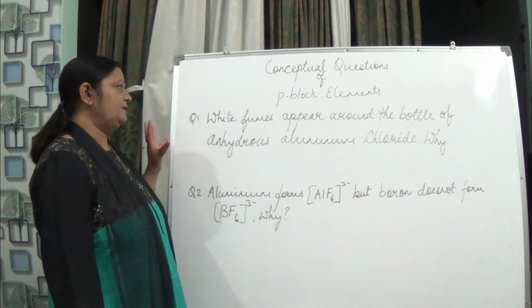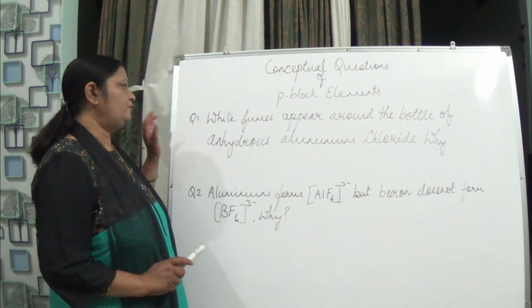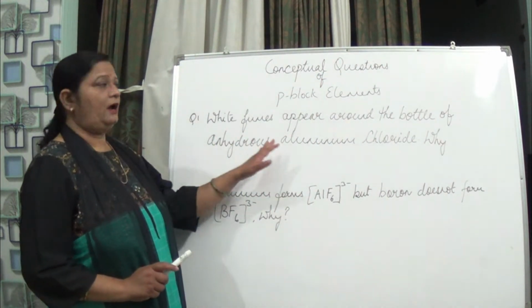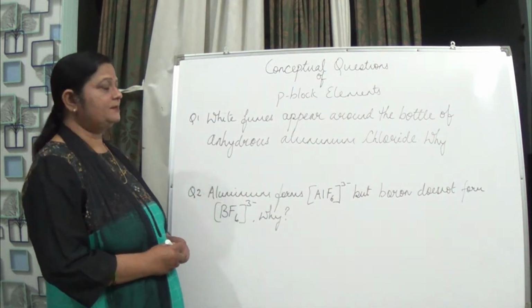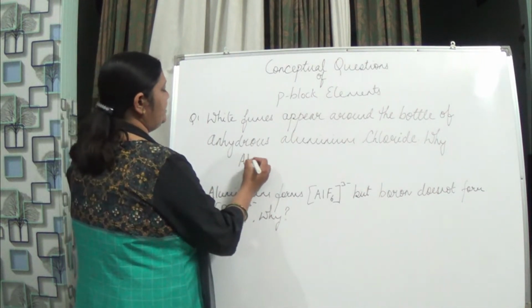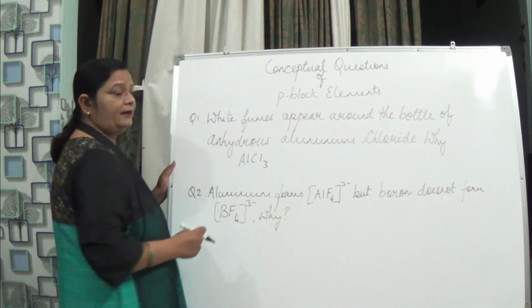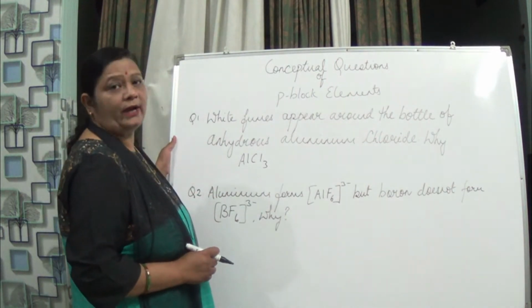Actually, these fumes are because of the production of HCl, that is hydrogen chloride gas. So here, AlCl3 is kept in a bottle, and we are seeing white fumes in it. Why?